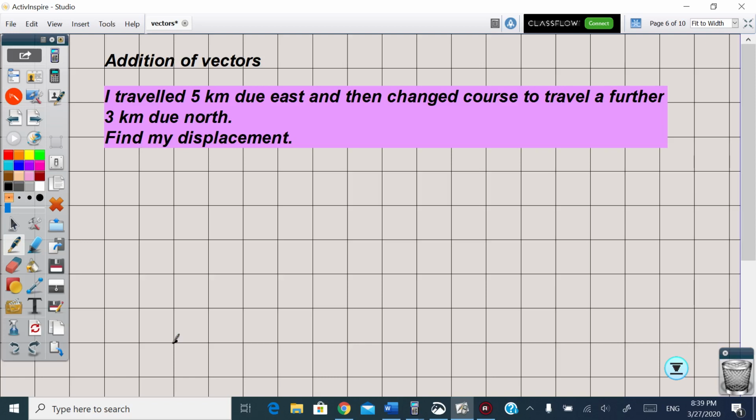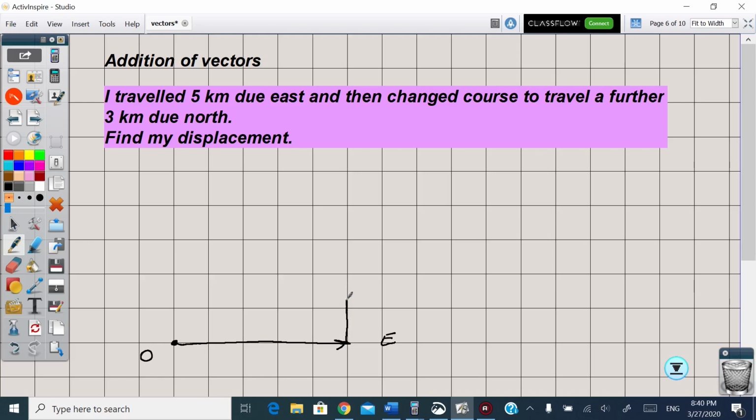I can represent this to be my starting point O, and then my 5 kilometers due east can be represented by this vector. And as you can see, 5 kilometers have been represented by 5 squares, and the direction, which is east, is done this way. Then I change course to travel 3 kilometers due north.